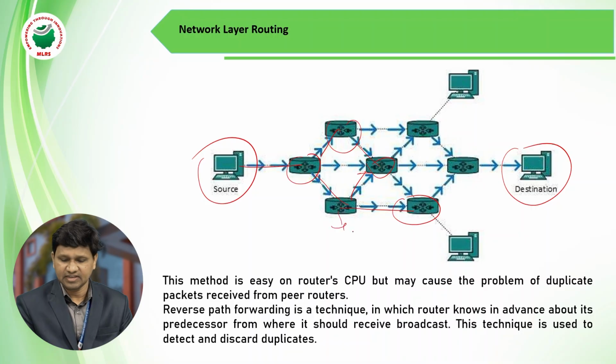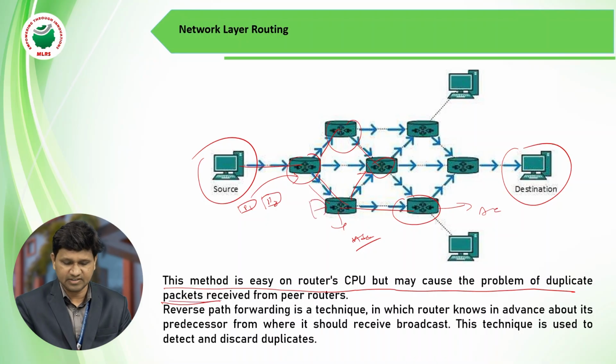So here the address will be maintained, here also the address will be maintained. This method is easy on the router CPU but may cause the problem of duplicate packets. Suppose we send packets P1 and P2, a copy is maintained in this device. From here to here, one copy is maintained here also. That is the drawback here.